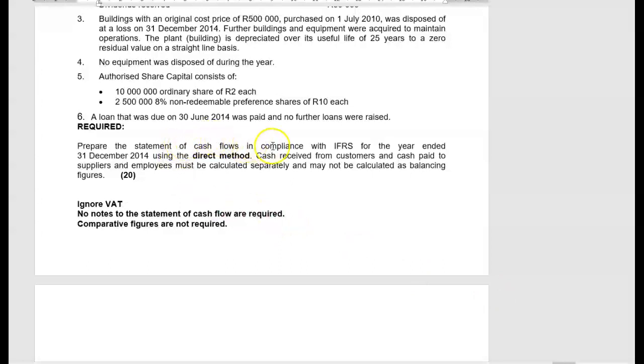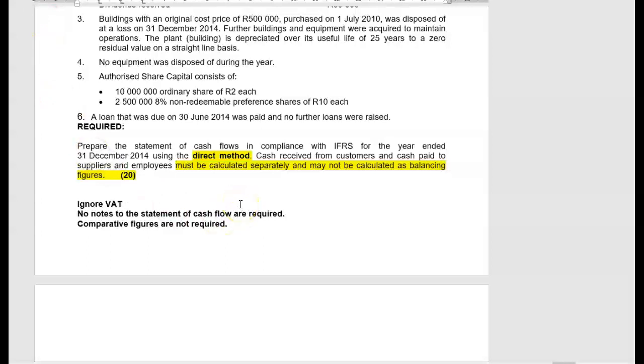Prepare the statement of cash flow in compliance with IFRS for the year ended 31 December 2014 by using the direct method. Cash received from customers and cash paid to suppliers and employees must be calculated separately and may not be calculated as balancing figures.